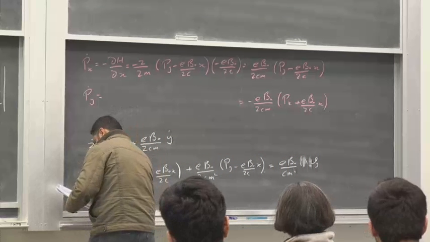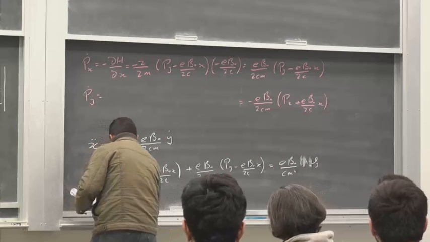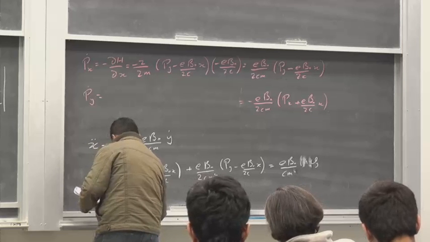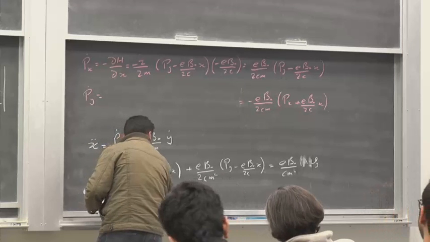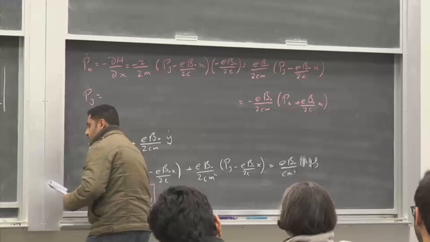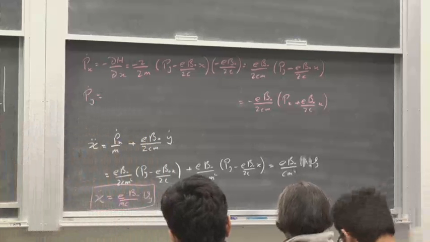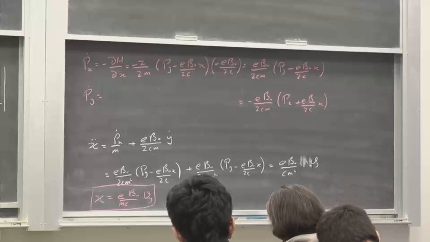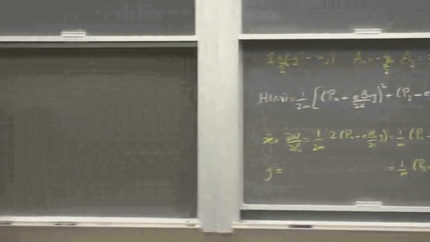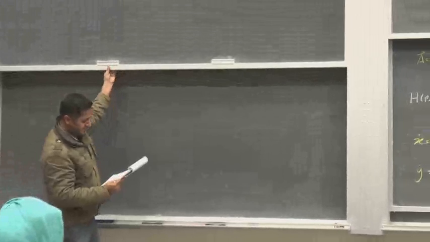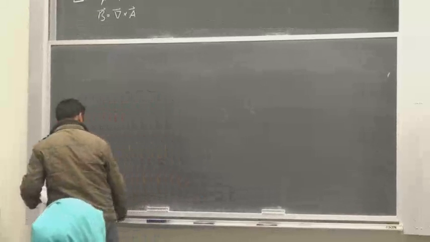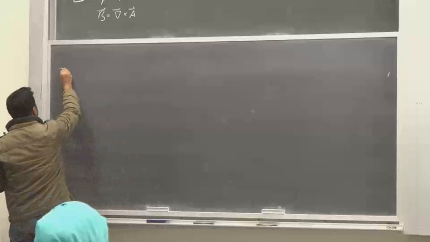X double dot is equal to e B naught over mc vy. Maybe let me write it clearly over here.